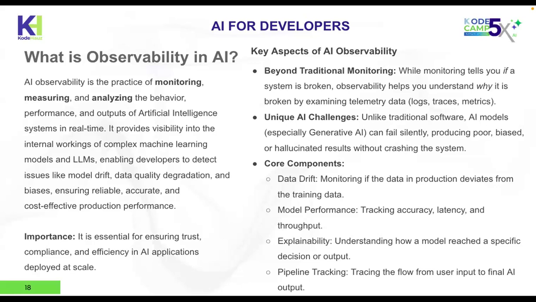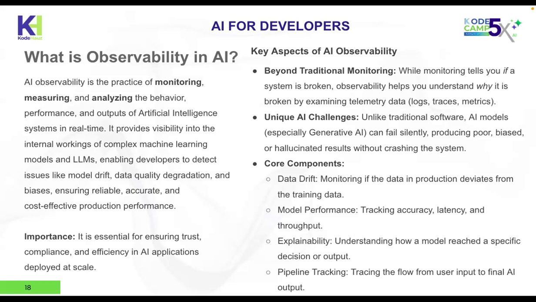So the core components that you think about, when you're thinking about observability and the things that can go wrong, are data drift, for example. You train the model on training data that you got, and probably that training data is old. You now have production data that comes in.